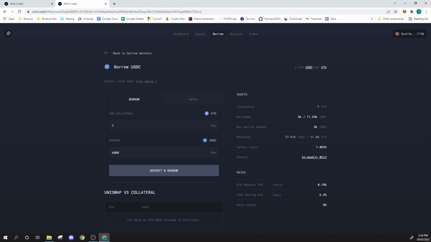So if I jump back down to $6,000, again to the safety ratio, this is an adaptation of the loan to value ratio, the loan to value ratio being the size of your borrowing amount divided by the value of your collateral.